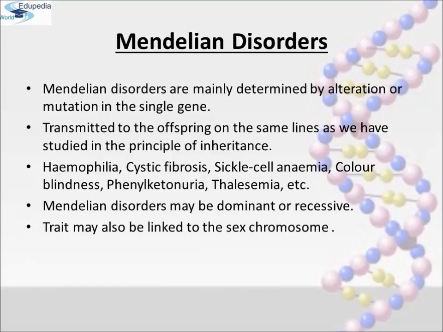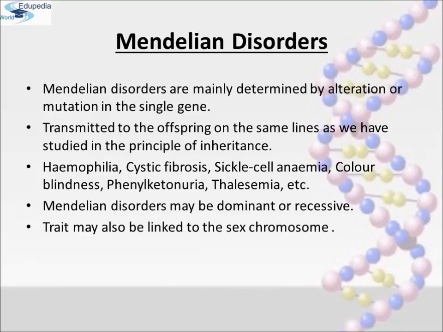The most common and prevalent Mendelian disorders are hemophilia, cystic fibrosis, sickle cell anemia, color blindness, phenylketonuria, thalassemia, etc. It is important to mention here that such Mendelian disorders may be dominant or recessive.